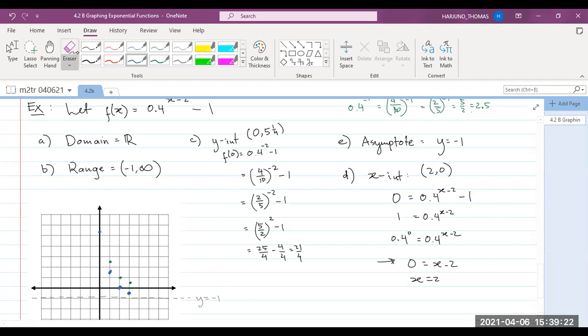So those 3 important coordinates now rest at these 3 places. I now connect the points.